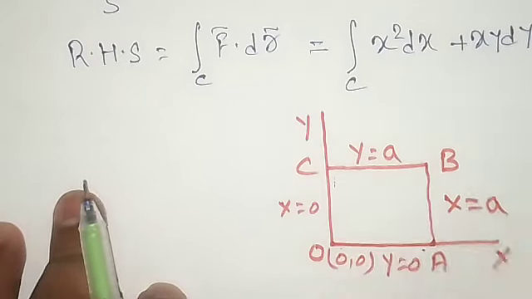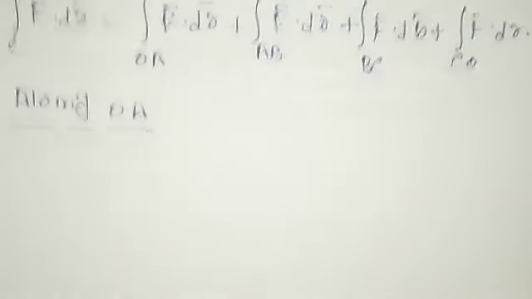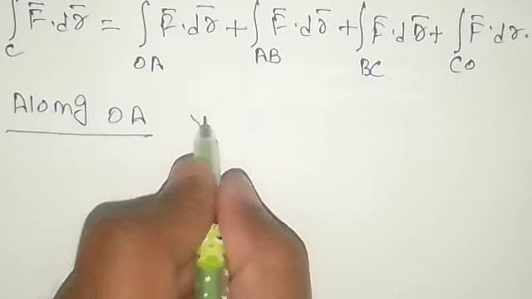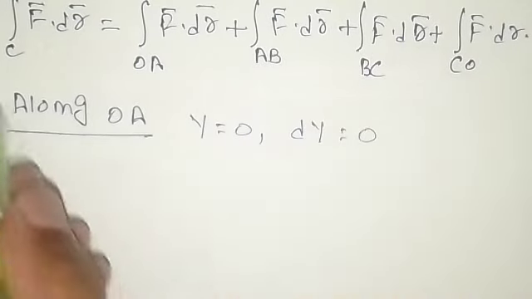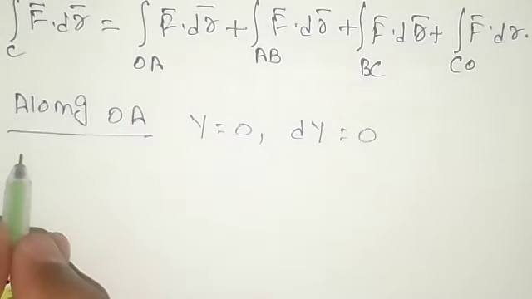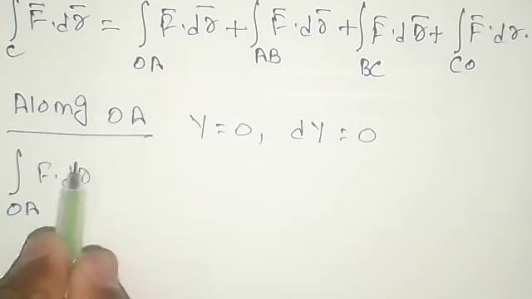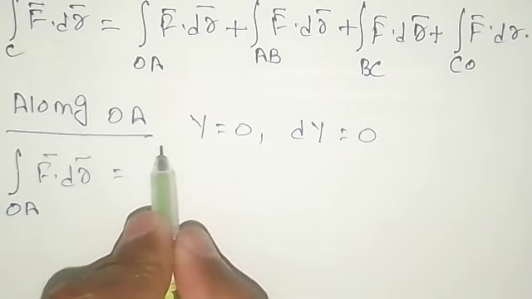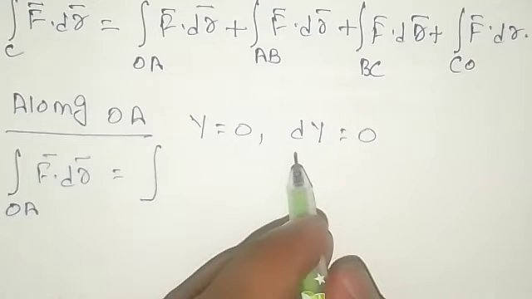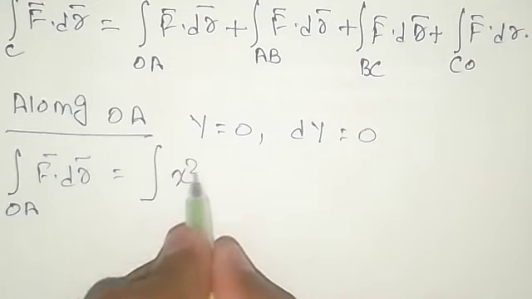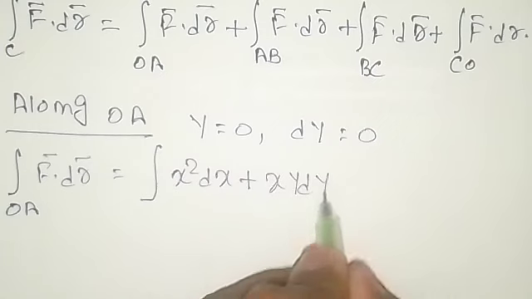And z is already 0 on that given plane. But on OA, what we have to find is the integral of F dot dr, which we have written as x square dx plus xy dy, right?